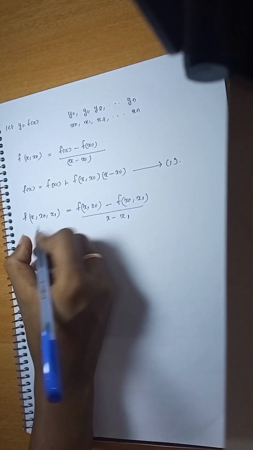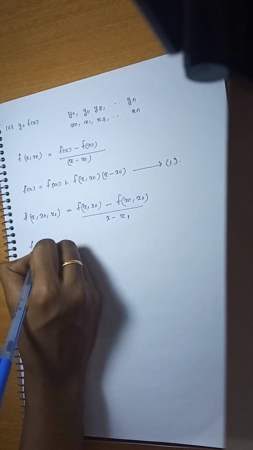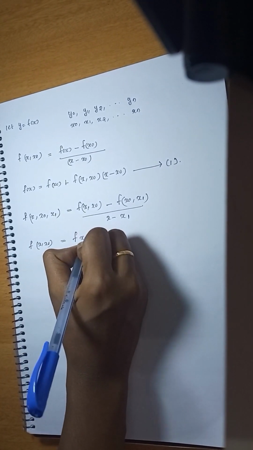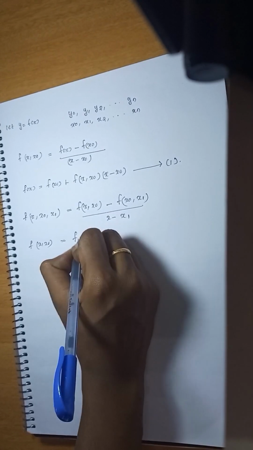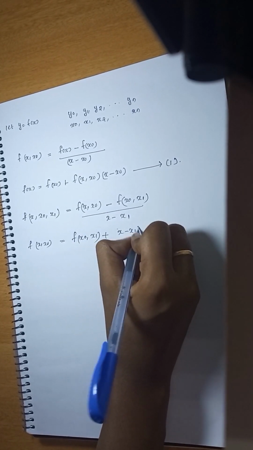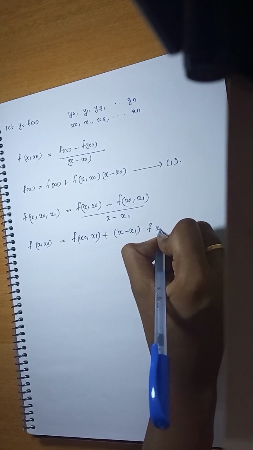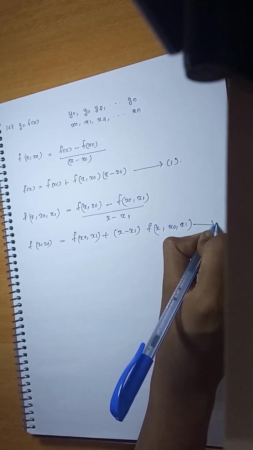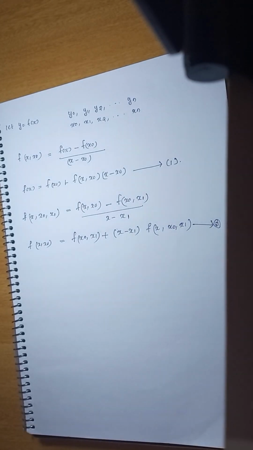From this we can write f of x comma x0 is equal to f of x0 comma x1 plus x minus x1 into f of x comma x0 comma x1. This is our equation number 2.